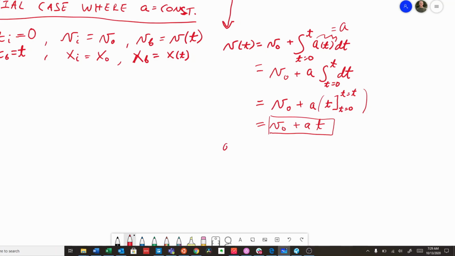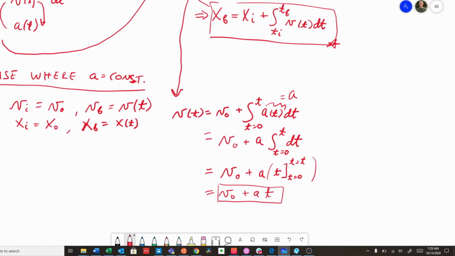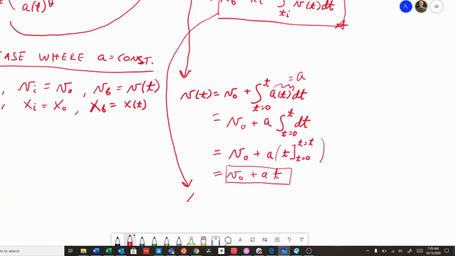What happens when I use the other equation? So let's put the other equation down here. x final equals, so in our new simplified notation, x equals x0 plus the integral from t equals 0 to t equals t of v of t dt.